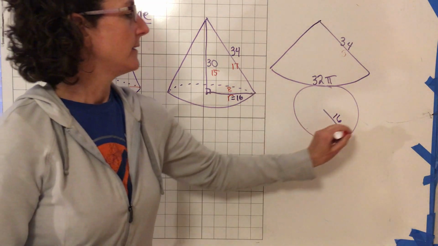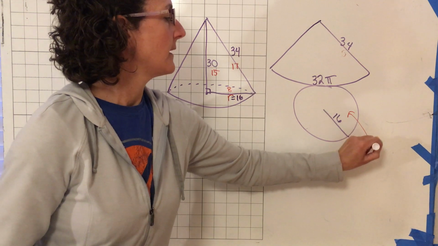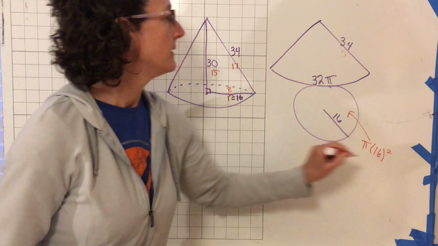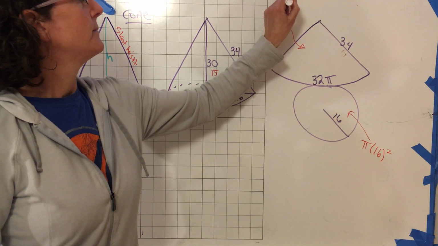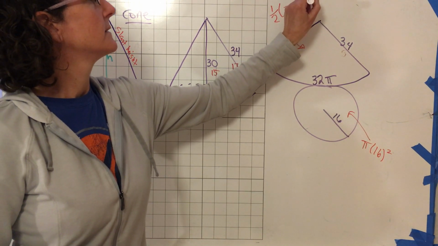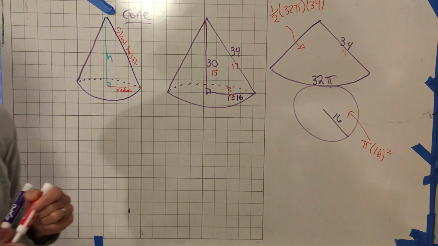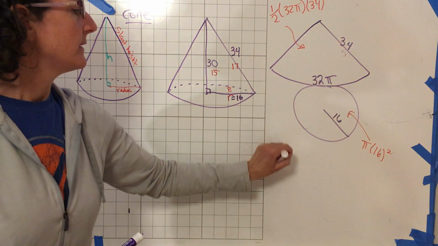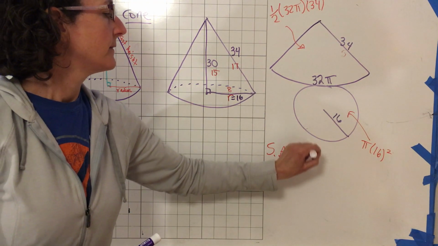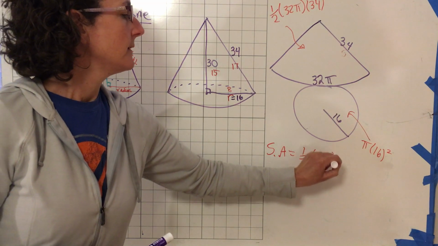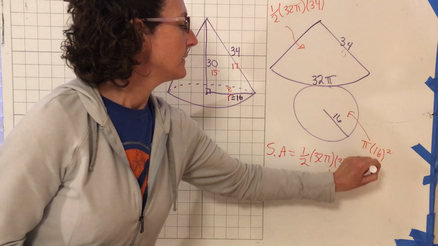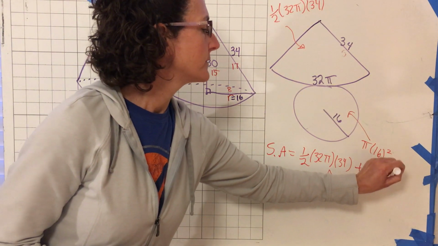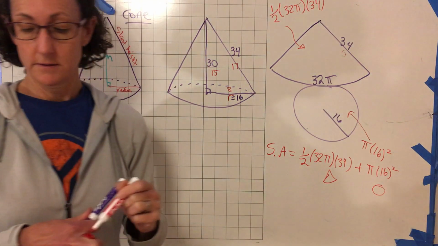So the area of this part is pi r squared. The area of this part is 1/2 base times slant height, okay? So the total surface area is going to be 1/2 times 32 pi times 34, that's this part, okay, plus pi r squared is the circle part, okay?